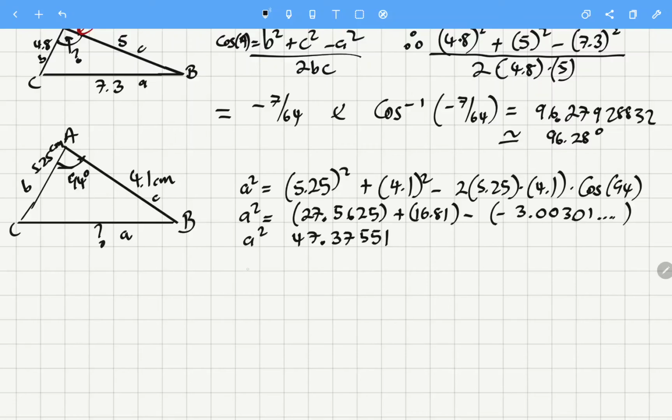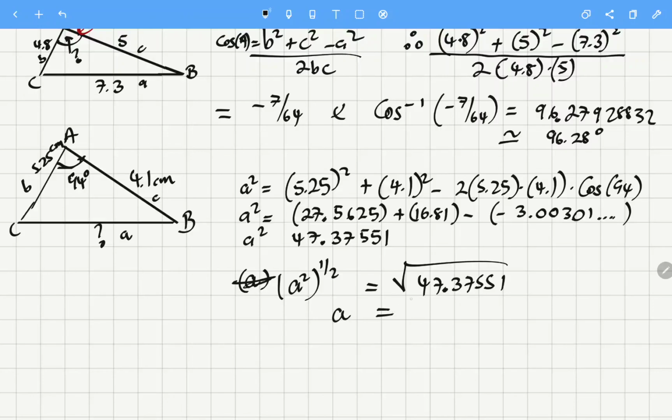I'm going to have to root this side to get A on its own: A squared raised to the half equals the square root of 47.37551. So A is approximately 6.88298.